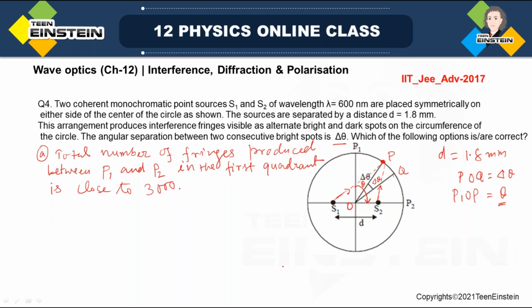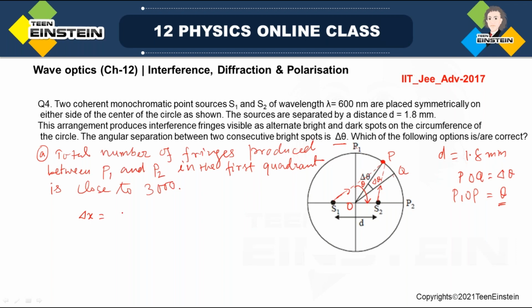So we see theta is measured from the vertical, this vertical, assuming the circle to be of large radius, okay, and the path difference between these two points, what will be the path difference?